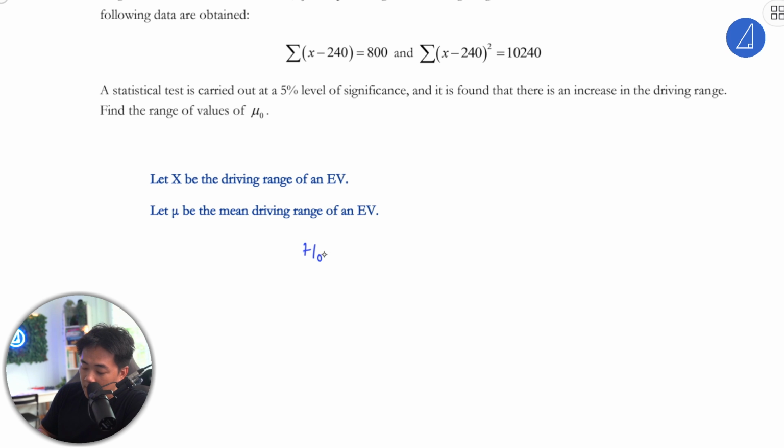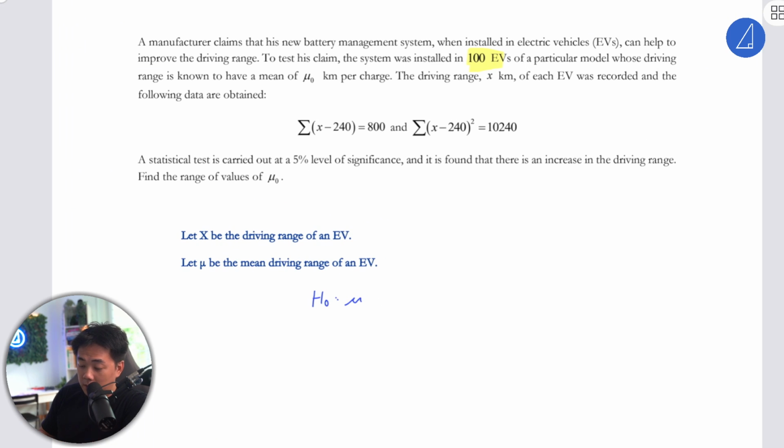So H naught. If you claim to help out, H naught is the assumed knowledge. Everybody knows that it will travel mu naught km per charge, right? But in order for you to be better than that, what you need is H1: mu greater than mu naught, because this data would then reject the common knowledge, the general knowledge, the common assumption.